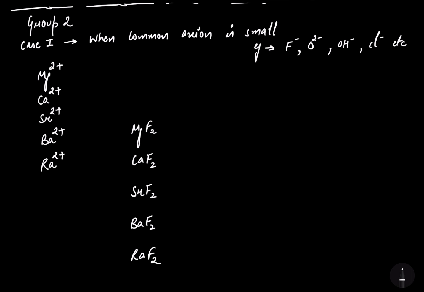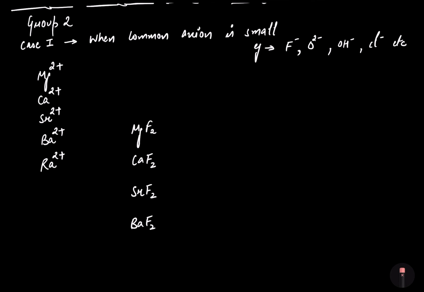Being radioactive, let us remove radium from this list also. I have removed beryllium and radium from this list. Beryllium compounds are mostly covalent, whereas those of radium are radioactive. So we will just discuss magnesium, calcium, strontium, and barium.